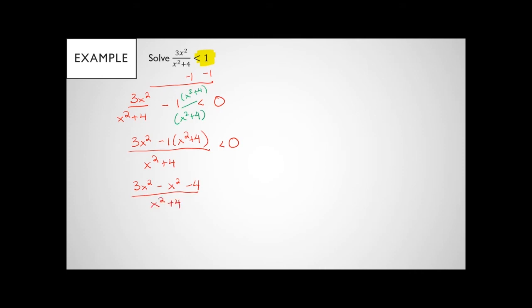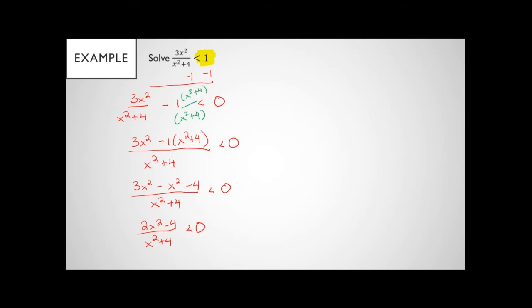And then we have x squared plus 4. 3x squared minus x squared is 2x squared, so 2x squared minus 4 over x squared plus 4 is less than 0. Okay. So that's our final thing that we're actually going to be doing the polynomial inequality for.